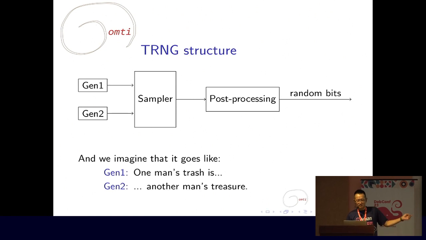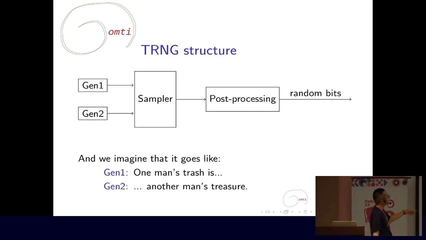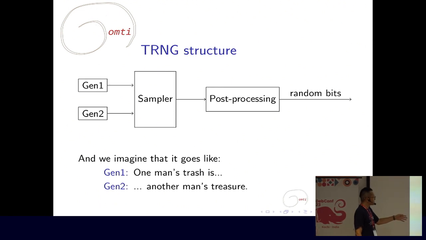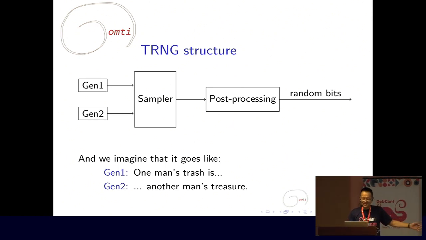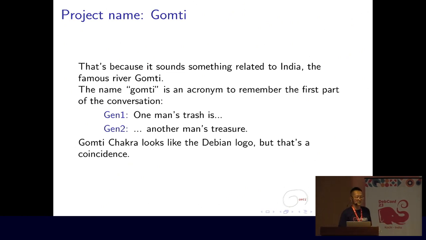And this is again the TRNG structure. And we can imagine that it goes like that. Generator 1 says 1 month flashes, and generator 2 says another month pleasure. And this is how I named the project Gomti. Because I decided last year that I should have a presentation in Kochi, India, so the project name should be something like India.